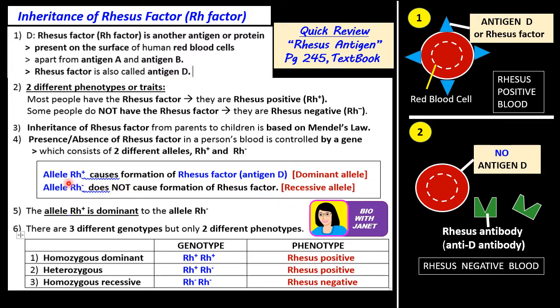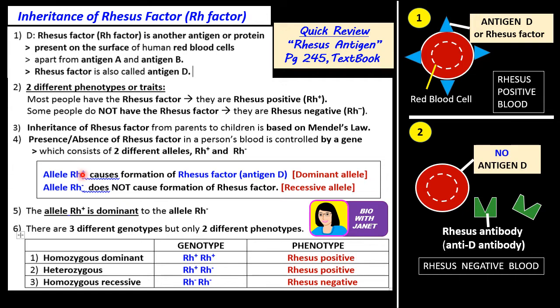Take note that the allele is not just written as a big R and a small r. It's written as Rh positive for the dominant allele that causes formation of rhesus factor, and Rh negative means that it does not cause the formation of rhesus factor. So that's where it's slightly different from the normal type of monohybrid inheritance.